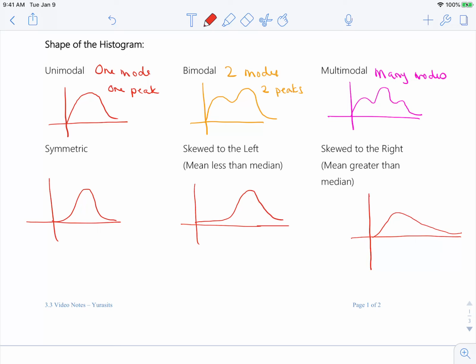So this is known to be a longer tail on the left. That's how you describe skewed to the left, or left skewed data. And this is your longer tail on the right.